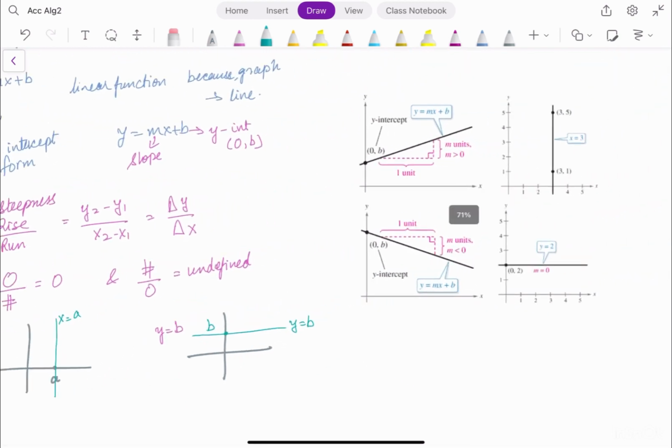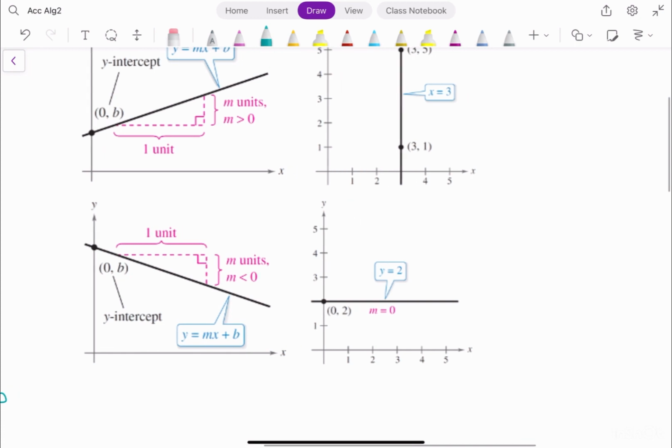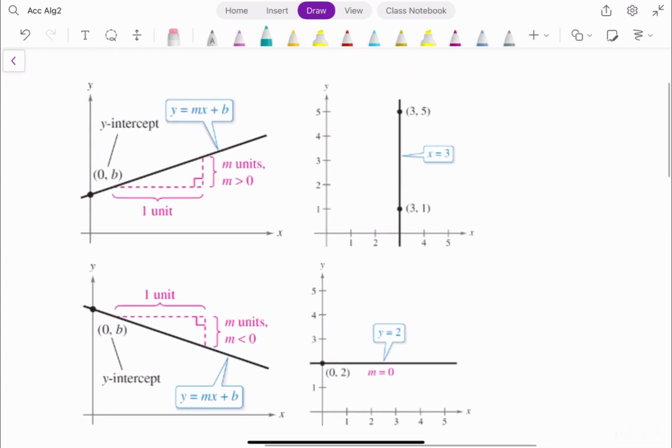Now let's talk about how the different graphs will look. The first one is a positive slope because it is increasing. So because it is increasing, it represents a positive slope. Then the second one is undefined. We have just explained it. Undefined will be x is equal to any value.